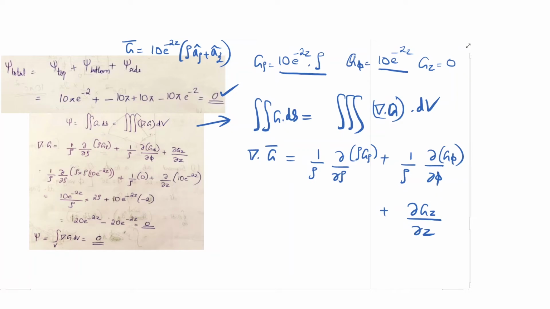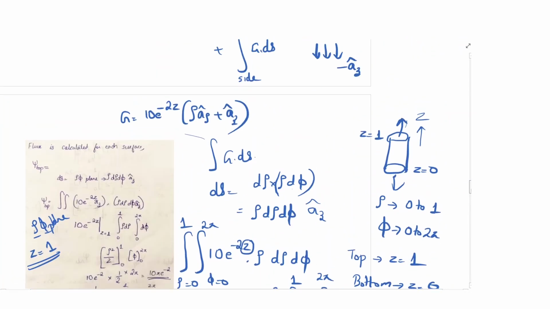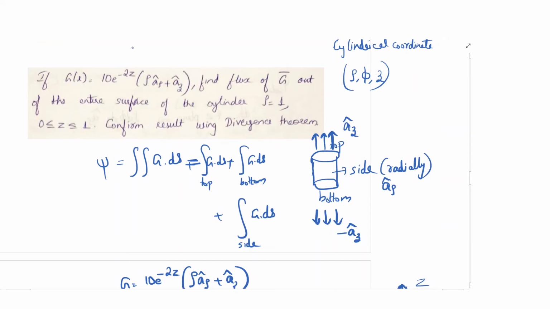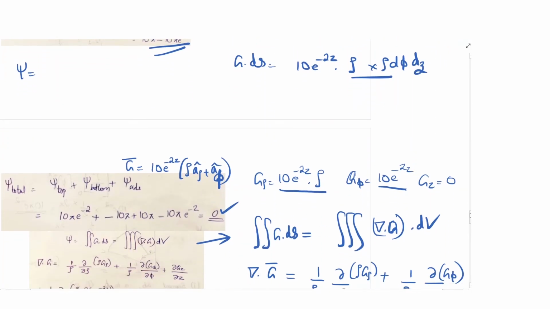We'll check the question again. Yes, it has a rho component and a z component, so the phi component is 0.